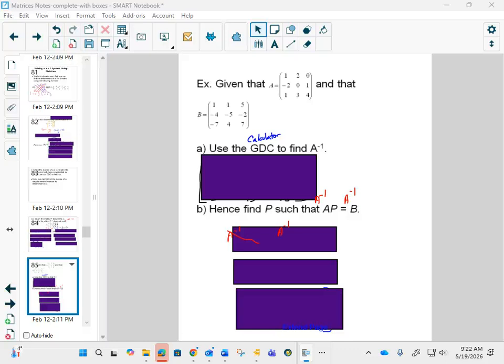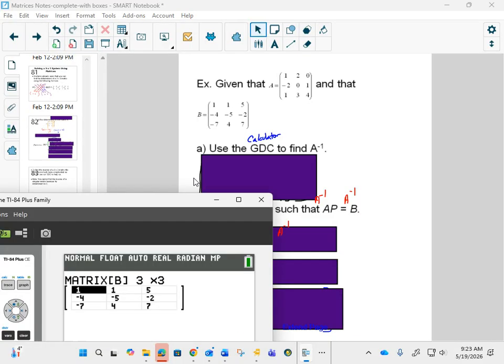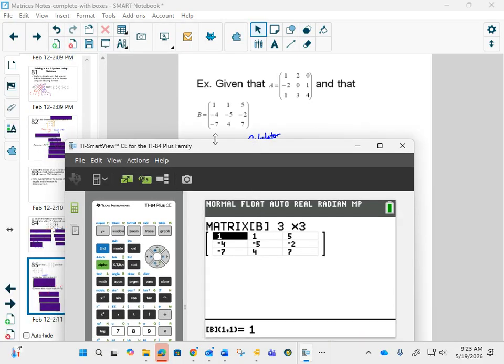It is a normal 5. All right, I'll bring it over here. Do I have B incorrect? 1, 1, 5. Now I've fixed that. Negative 4, negative 5, negative 2, negative 7, 4, and 7.